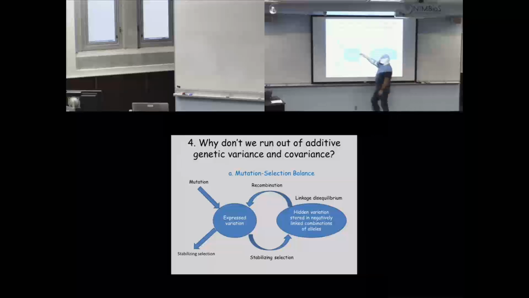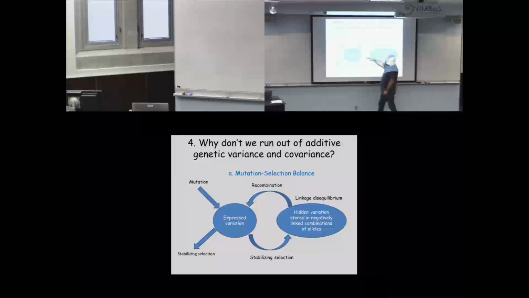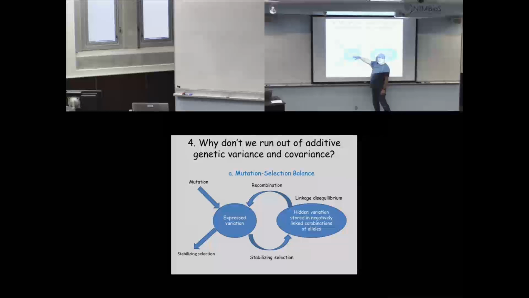We've got input of mutation each generation. We get losses by stabilizing selection. We have production of linkage disequilibrium by selection, and its destruction by recombination each generation. But the point is we could equilibrate under these forces, and what Lande shows is it's not unreasonable to expect an equilibration that would produce the kind of values that we see in natural populations.